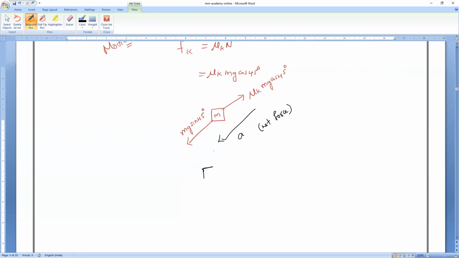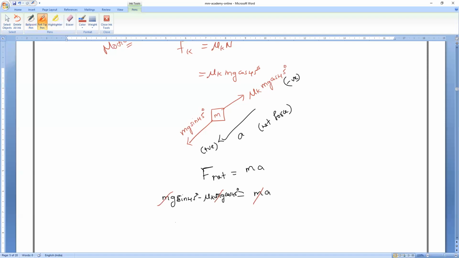F net is equal to ma, so ma equals mg sin 45 minus mu k mg cos 45. Everywhere m will cancel.